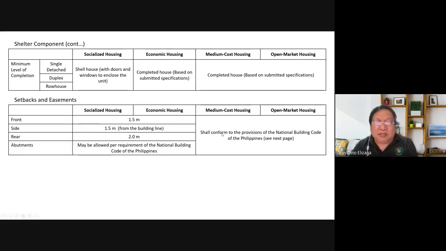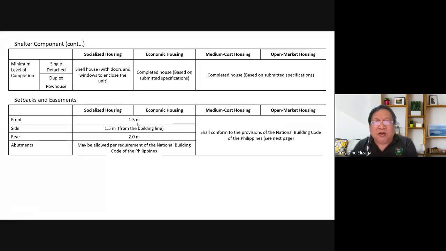Setbacks and easement, it says here for medium cost to refer to the National Building Code. Now, here in the socialized housing, the frontage is only 1.5 meters, okay, and economic housing. So this is where most of the subdivision owners or developers would try to cheat, okay.